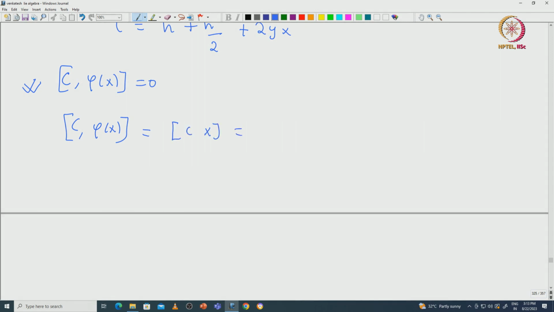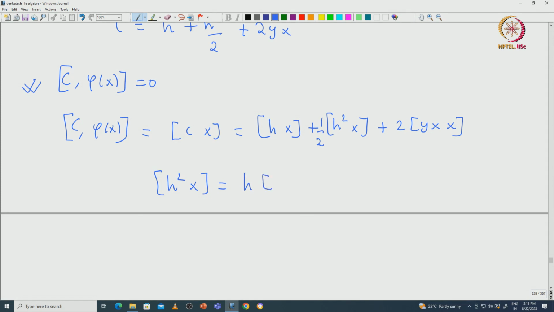This is exactly equal to h x plus h square x plus 2 y x x. But look at h square x. This is actually given by h x plus h x h.